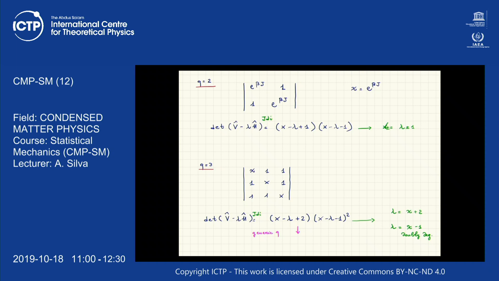What am I going to get for generic q? (x minus lambda plus q minus 1) times (x minus lambda minus 1) to the power q minus 1.